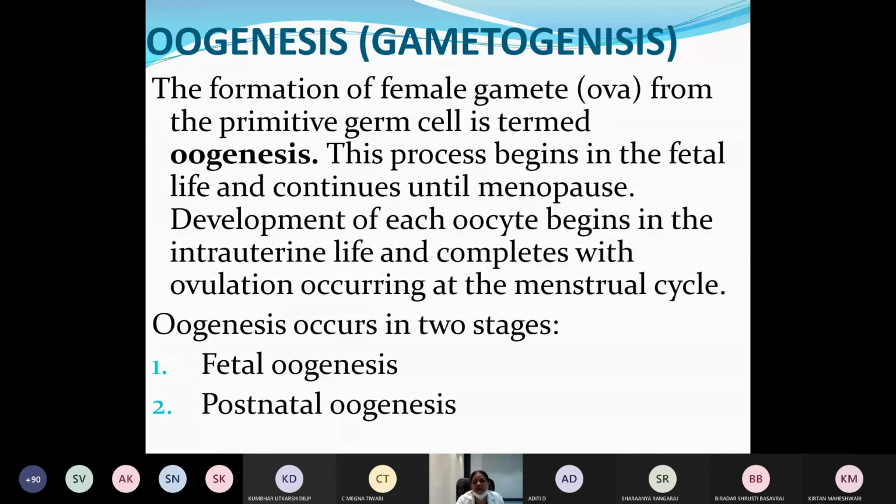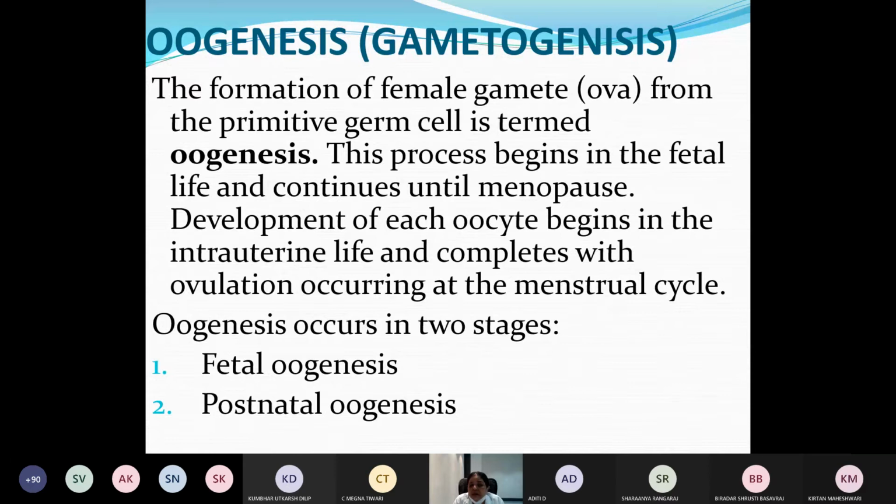Oogenesis or gametogenesis: the formation of female gametes, that is the ova, from the primitive germ cell is termed oogenesis.